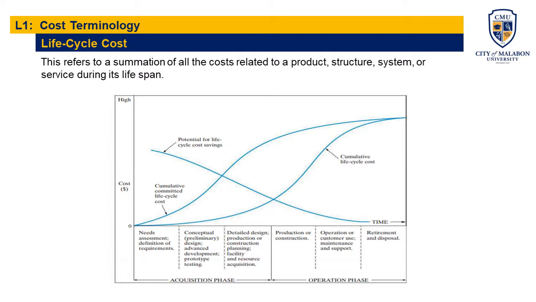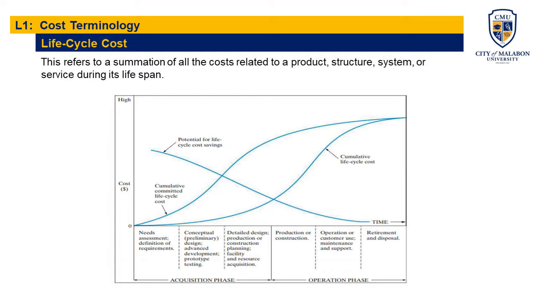Also, advanced development and prototype testing activities to support this preliminary design occur during this acquisition phase. The next group of activities in the acquisition phase involves the detailed design and the planning for the production and construction. In the operation phase, the production, delivery, or construction of the end items or service occur. This phase ends with the retirement from the active operation or use and often disposal of the physical assets involved.